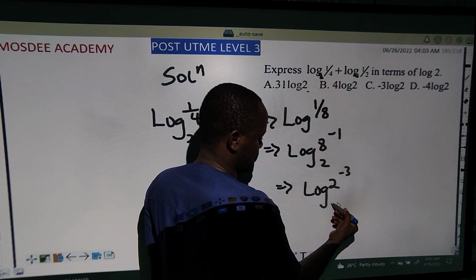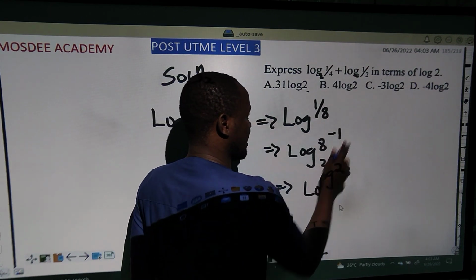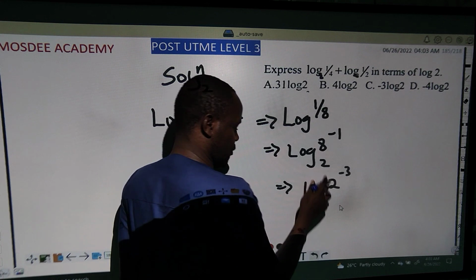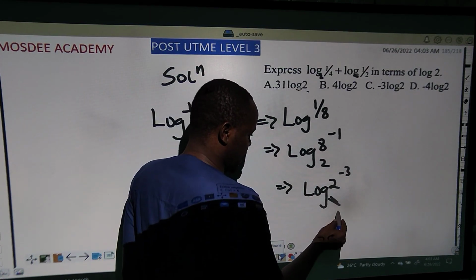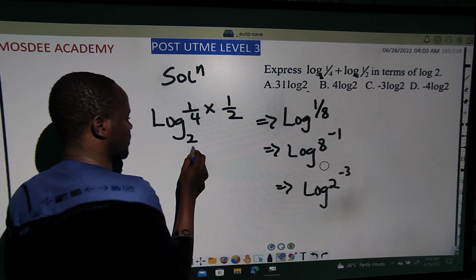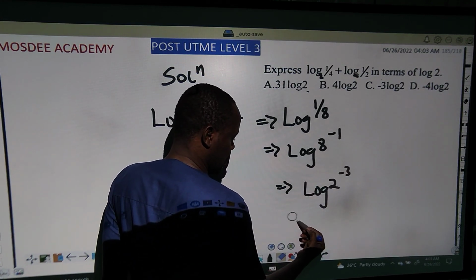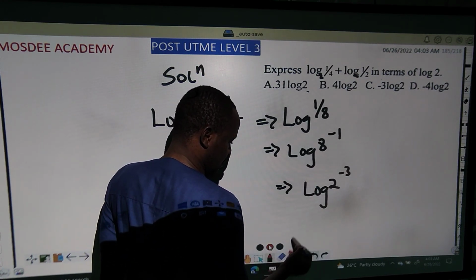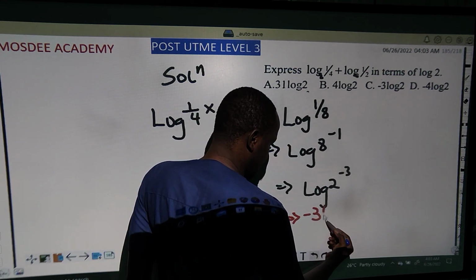But if it is not like that, which I don't think it is, because I'm seeing the answer options, that means 2 is not actually there. It is still loading. I think we are back. So if 2 is not there, which is correct now, we can say this flips to the front from the law of logs, and you guys know it will be equal to minus 3 log 2.